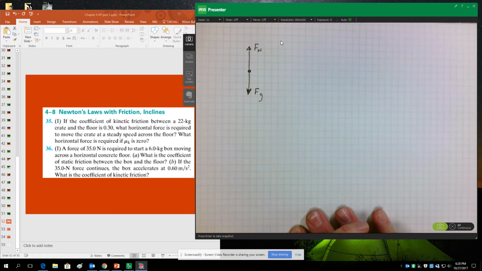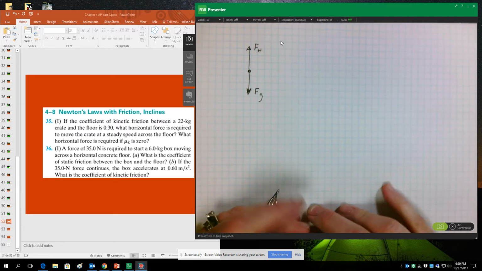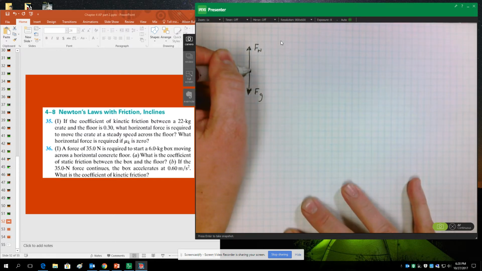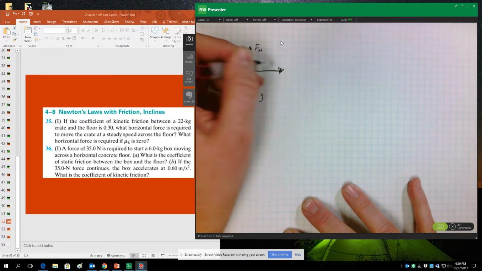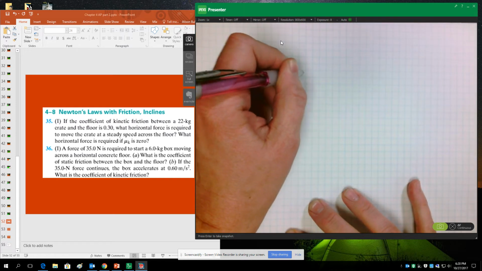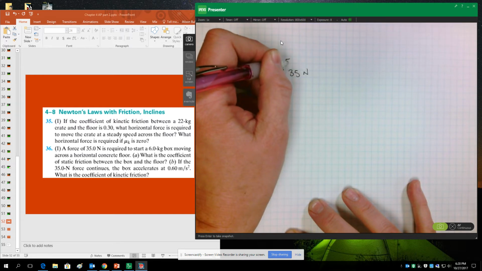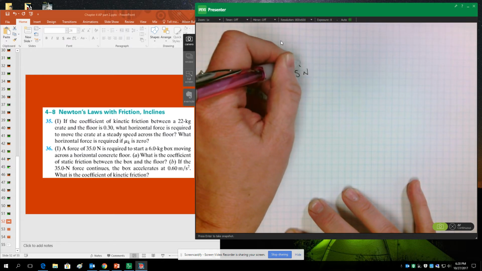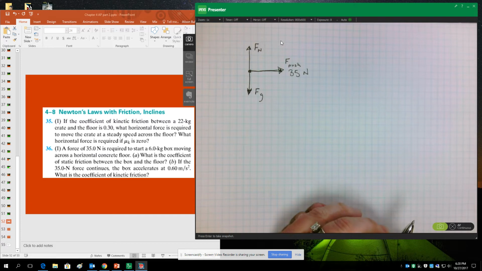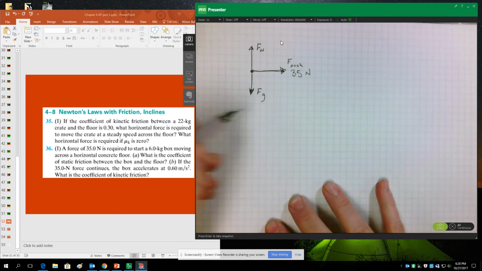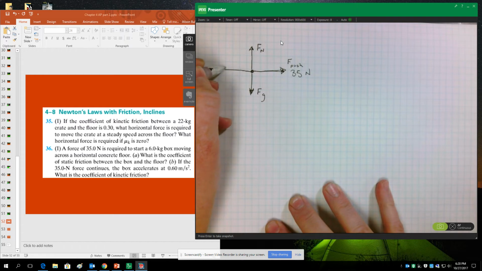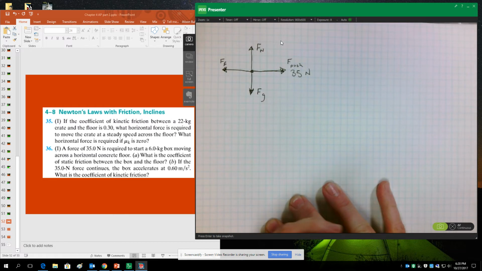A force of 35 newtons is required to start it moving. So I'm going to say that you're pushing it to the right. You push and push, with increasing force. This could be F subscript push to the right until it starts moving. At this moment, at 35 newtons, you have reached the maximum static friction force.